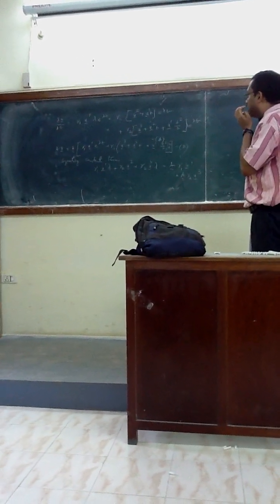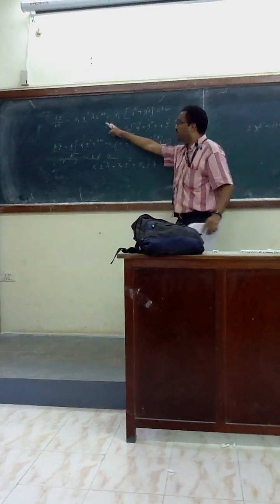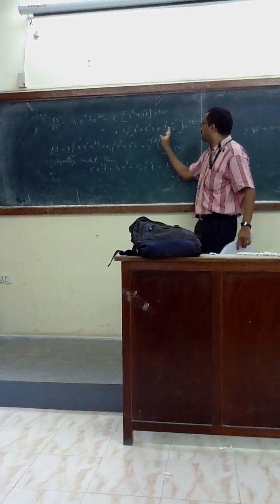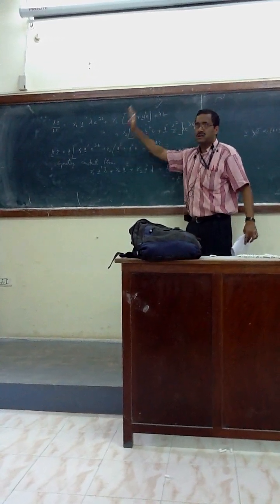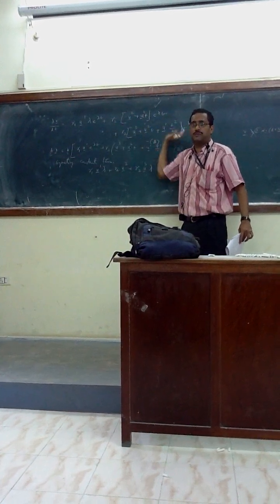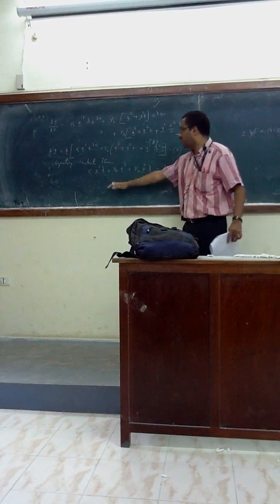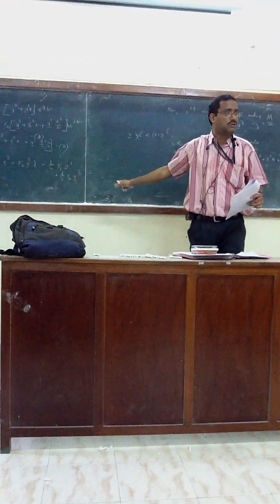There are coefficients of t square by 2, coefficients of t, and the constant term. I took only the constant term. The coefficient of t can be equated to the coefficient of t, and the coefficient of t square by 2 to the coefficient of t square by 2. Right now I am equating the constant term. Is it clear now? Yes.